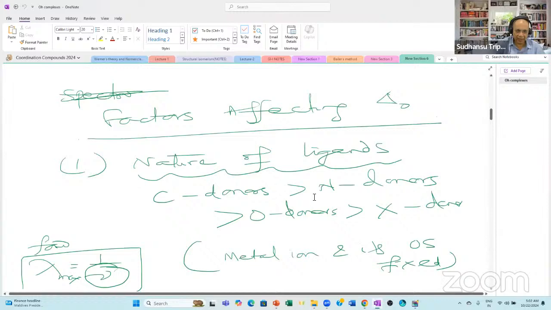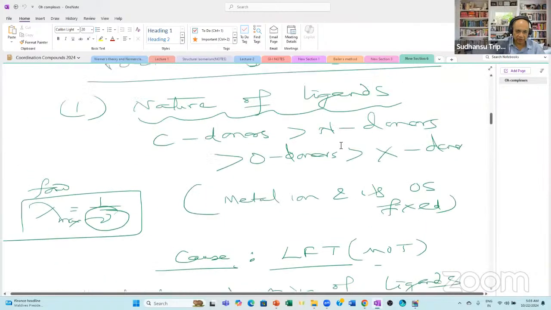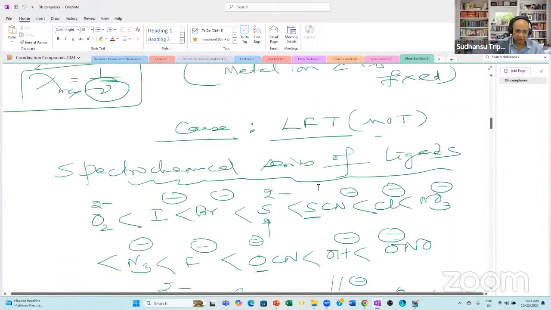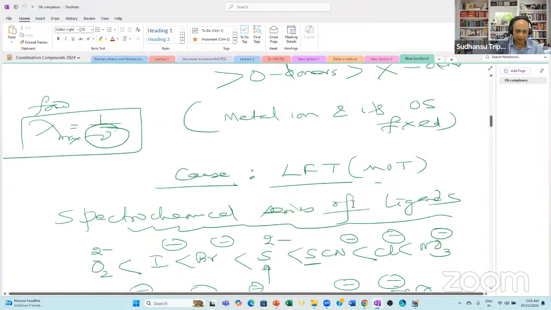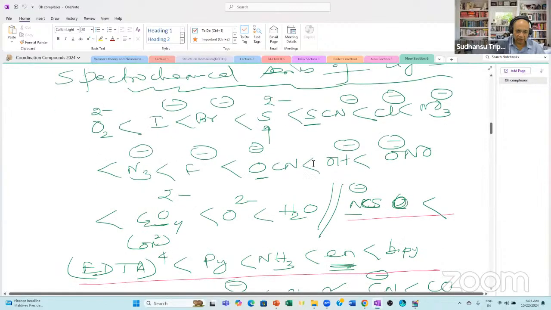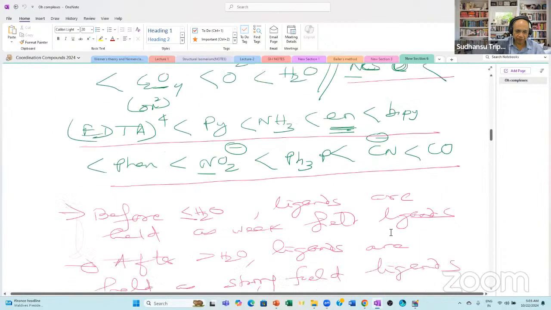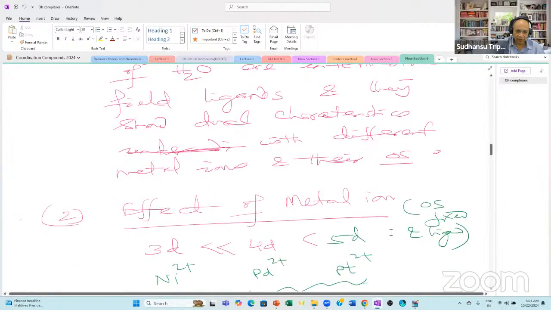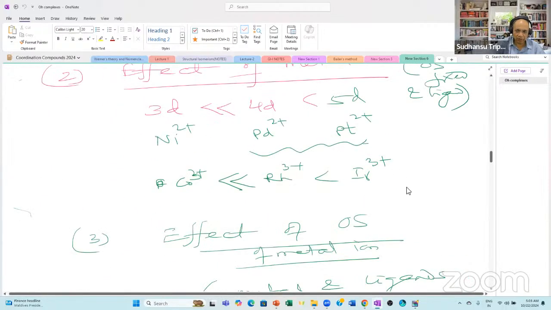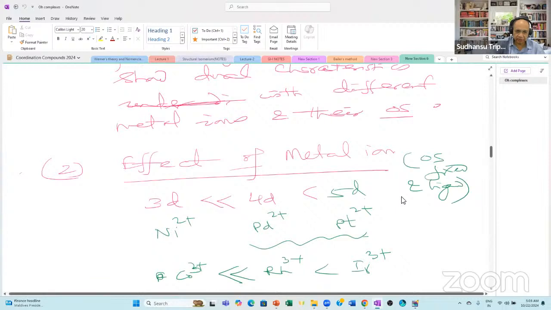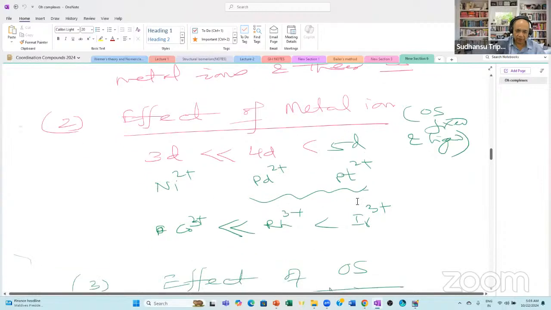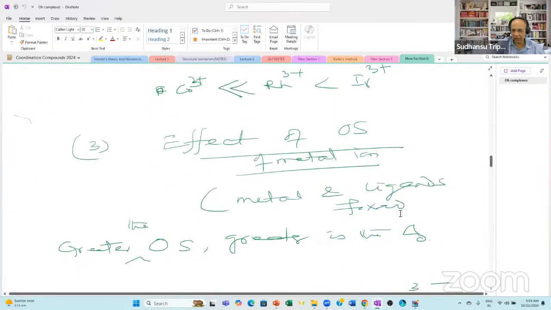And lambda max depends on three factors: the nature of the ligand, for which we have a spectrochemical series for ligands, and the effect of the metal ion. Keeping the oxidation state fixed, if the metal ion goes from 3d to 4d to 5d, then there is an increase in del O.